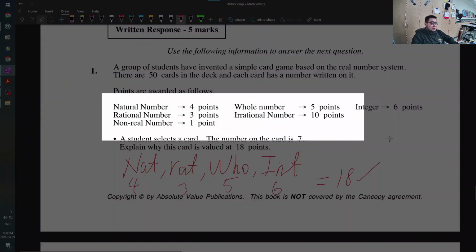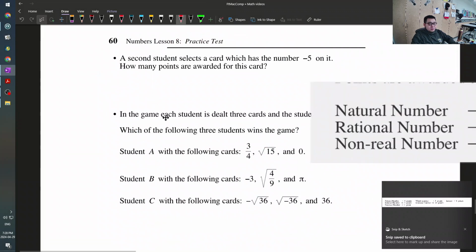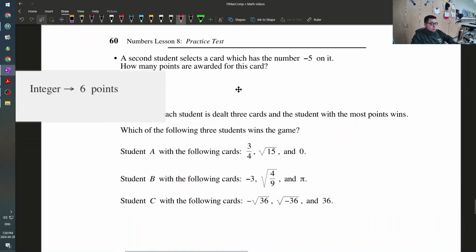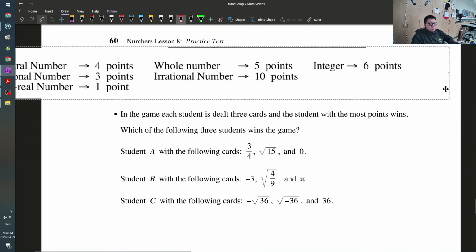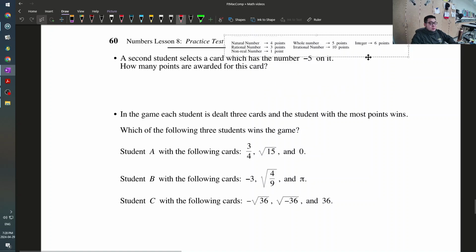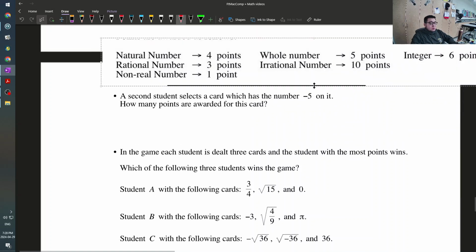Alright, I don't have another screen, so I'll just paste it over here. Okay. A second student selects a card with -5 on it. How many points are awarded for this card?